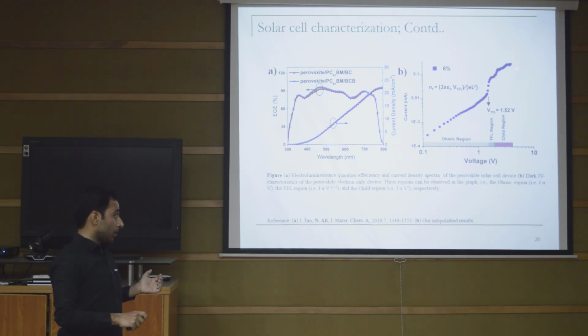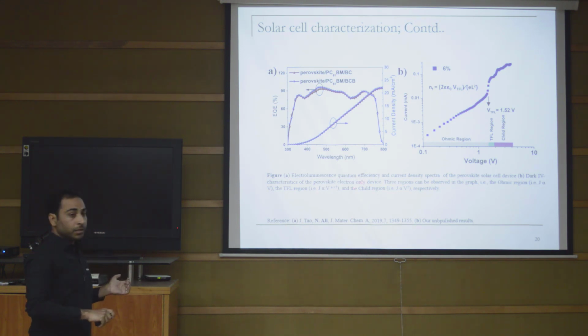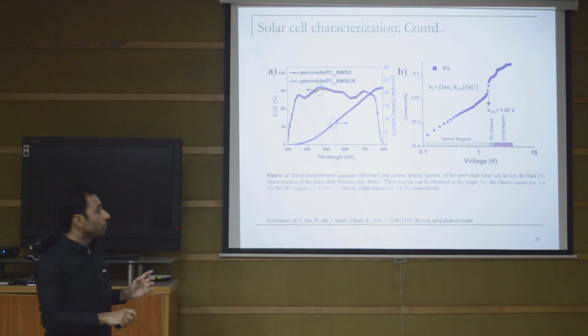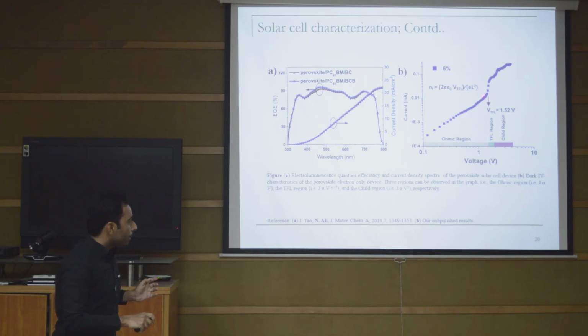These characteristics usually have three regions: a linear region, J proportional to V^n with n greater than 3, and J proportional to V squared. So from these regions, you just need to figure out where the trap-filled limit region starts.